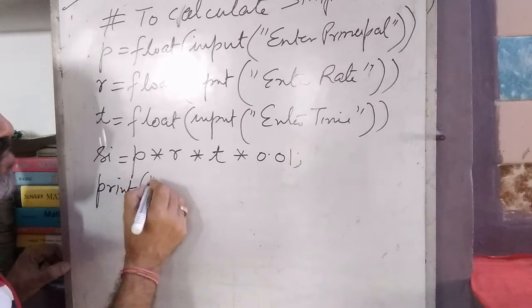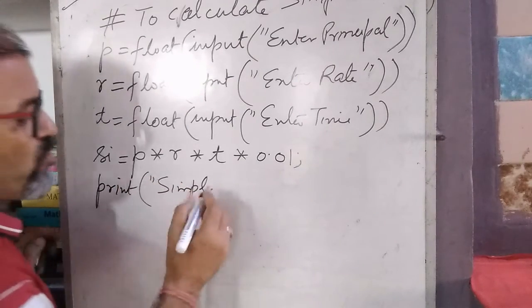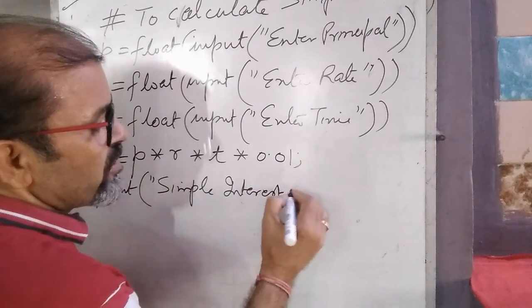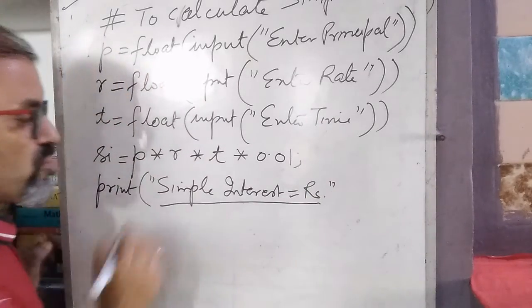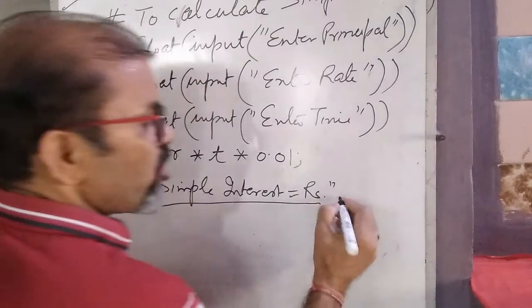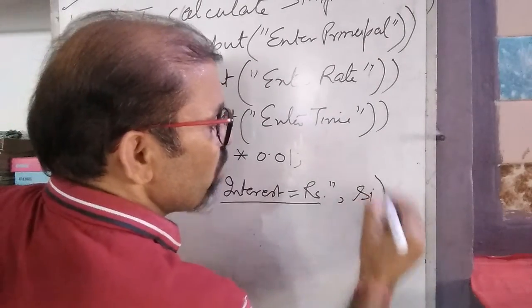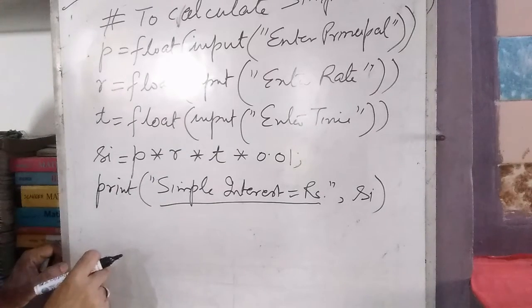Print along with some message. This message will appear as it is, whatever you are writing within double quotes: Simple interest equal to rupees. This much portion will appear as it is, comma, the value of this variable SI will be displayed. So after this your program is over.